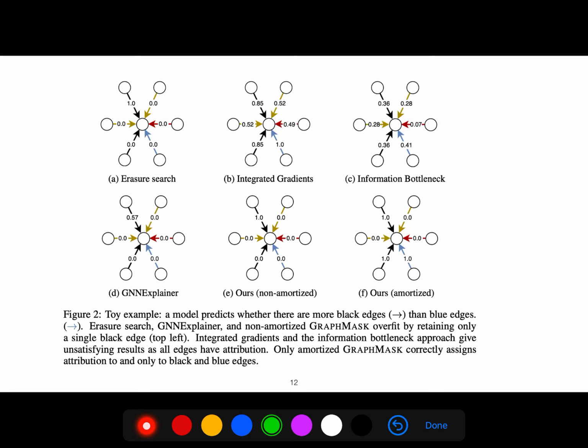You see a toy example with integrated gradients, information bottleneck, different methods, but this paper's method is amortized. And you see 0 and 1.